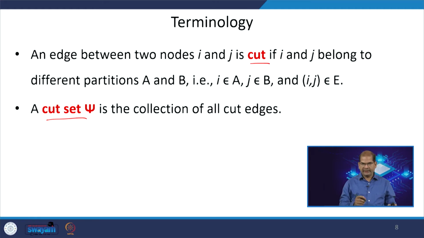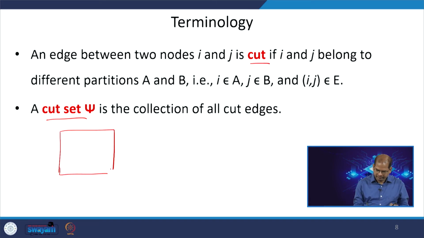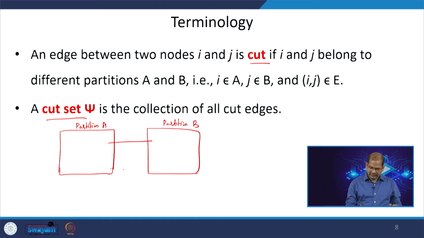It is an edge or a line or a wire between two nodes i and j if i and j belong to two different partitions A and B. Let us say I have one partition A and another partition B. The lines between them are called the cuts.